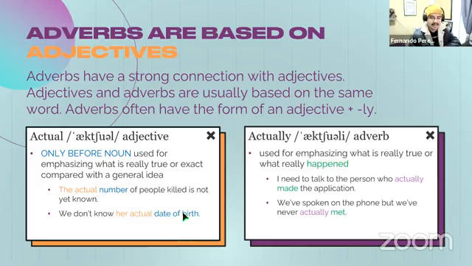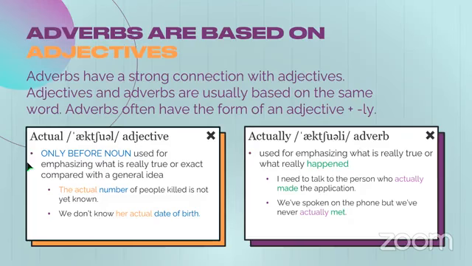This doesn't happen on the other side. On the other side, if you say actually, it's probable that the information you are missing or the information that you need will be a verb, right? Help me with the second one, please. Yes. Actually is an adverb used for emphasizing what is really true or what really happened.